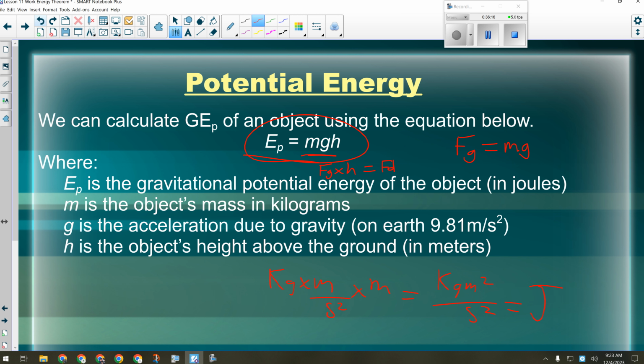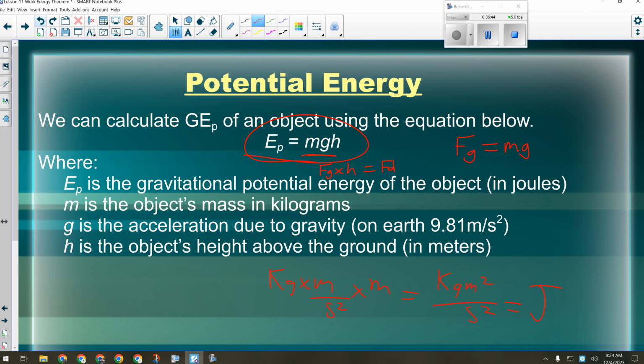If a question gives you distance in centimeters, you would have to convert it to meters. You can't put centimeters in a work-energy theorem calculation because it won't give you joules. Joules are a kilogram meter squared per second squared. You always have to make sure your units are right. Same with mass: if you get the mass in grams, you have to convert it to kilograms.